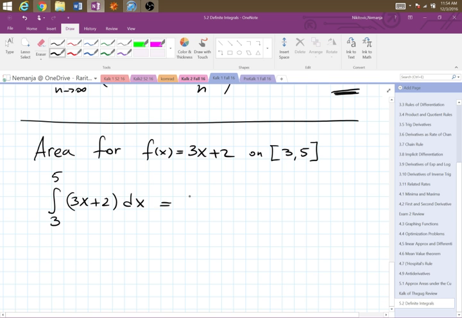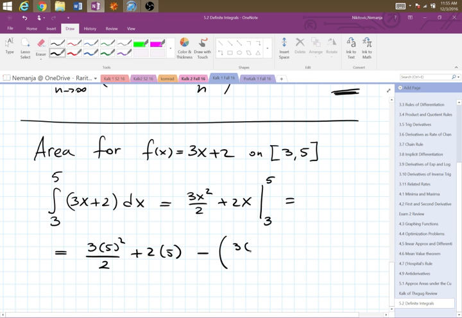The integral is 3x squared over 2 plus 2x. And you put this vertical line which says computed at 3 to 5. You compute this at the upper limit first, and then you subtract the lower limit. And you will eventually get 28.